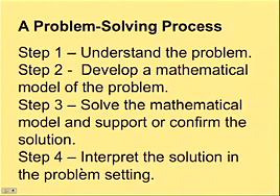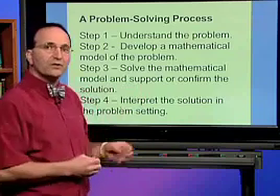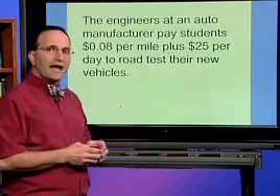Step 3, solve the mathematical model and support or confirm the solution. And finally, step 4, interpret the solution in the problem setting so that it applies to the actual problem that you were asked to solve. I think the best way for us to see this in action is to apply it to a particular problem. So let's do that right now.